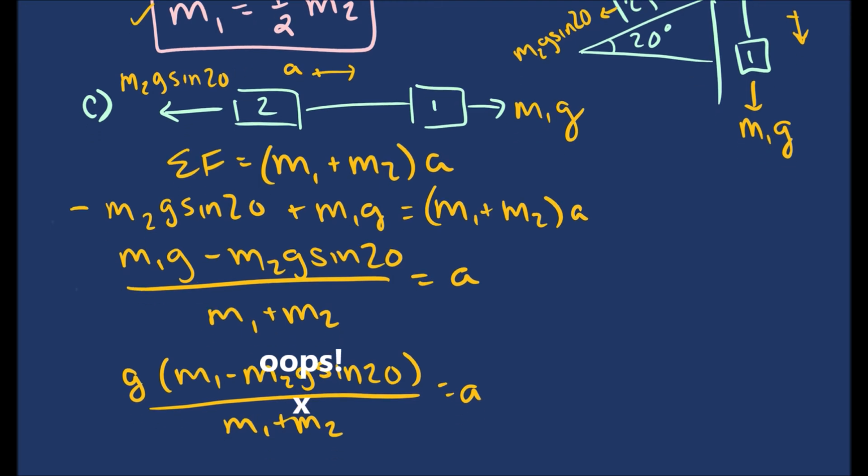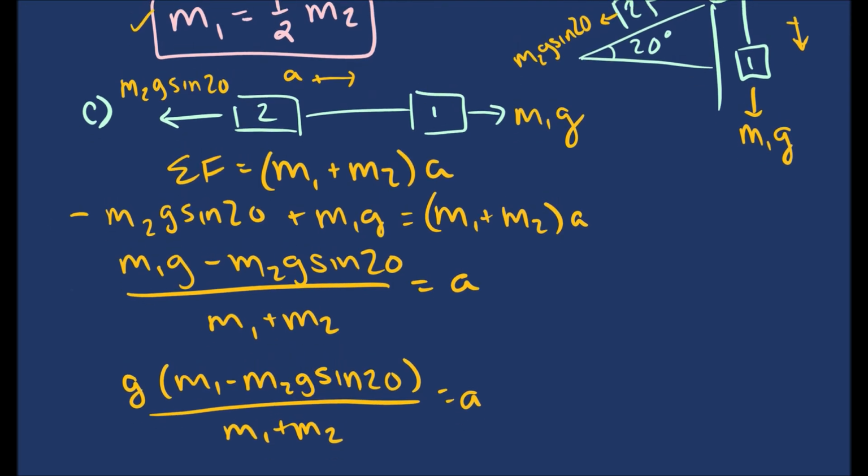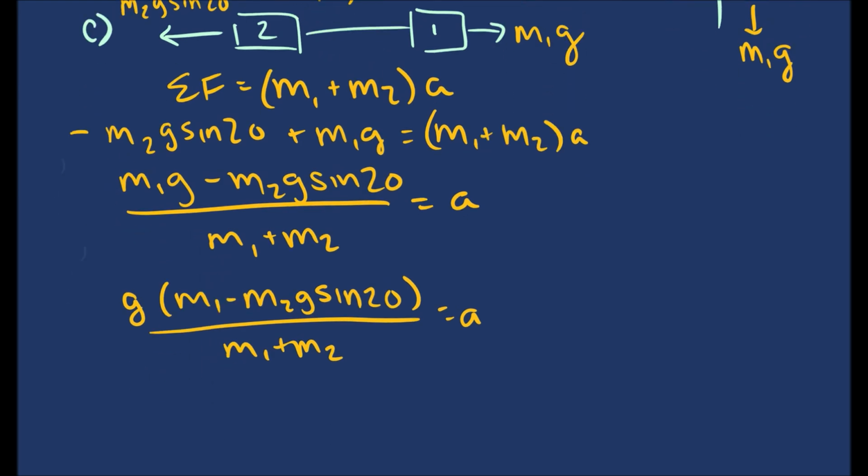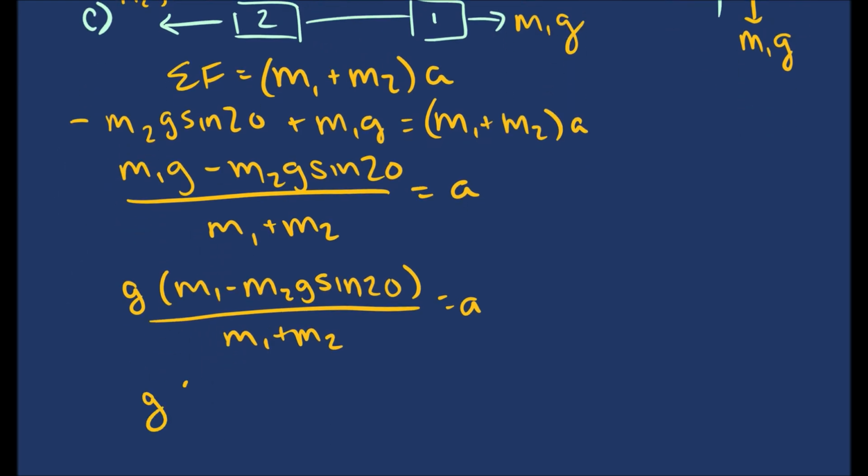Here we're at a point where m1 equals 1/2 m2 might become useful. Let's plug that in. So we have g, and then 1/2 m2 minus m2 sine 20. Oops, I forgot to take my g out, remember I pulled the g out front.